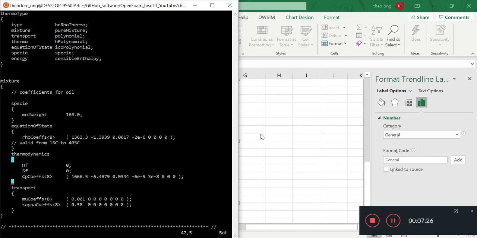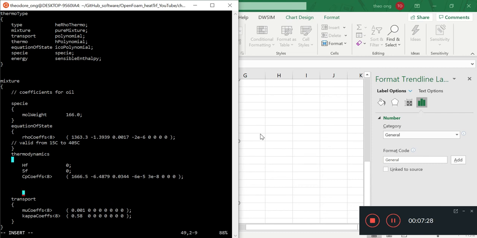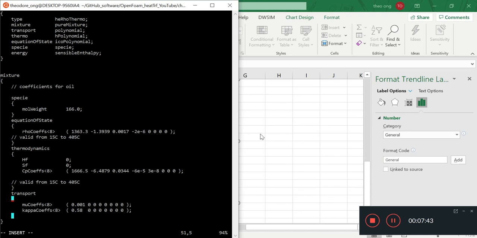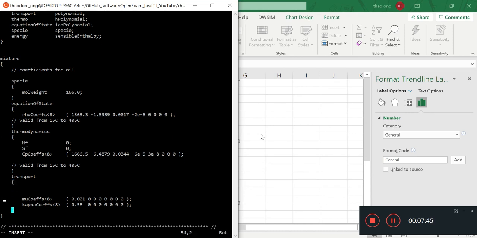Let's add the note again. I forgot to add the note. Valid from 15C to 405C. I'll write that in. And I'll delete this and put the first one.